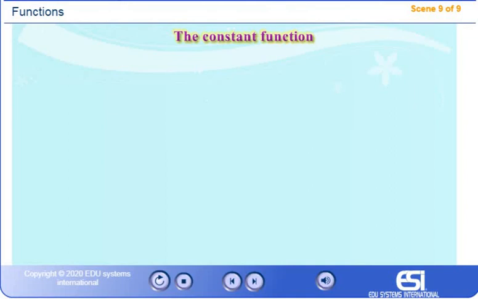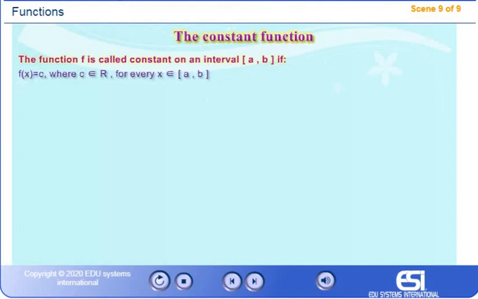The constant function. The function f is called constant on an interval (a, b) if f of x equals a constant real number c, for every x belonging to the interval (a, b). Example.